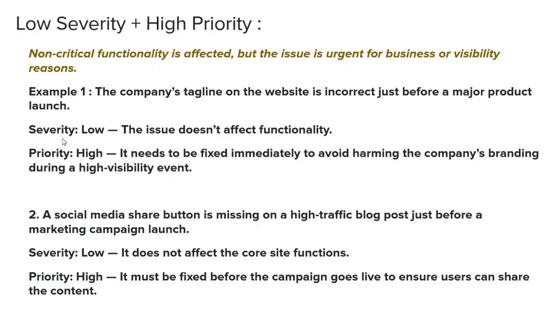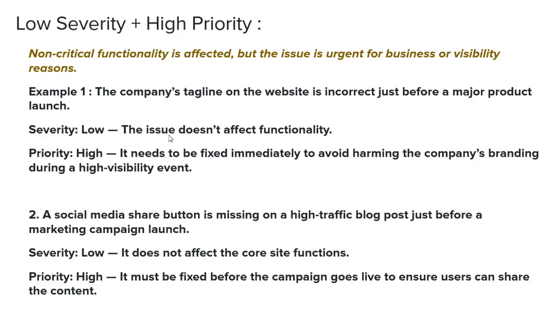Severity wise, it is low because the issue is not affecting any functionality. It's just a tagline which is not correct. It is not impacting other functionality of that application. All the other things are working perfectly fine. But priority wise, it is high. Why is it high?